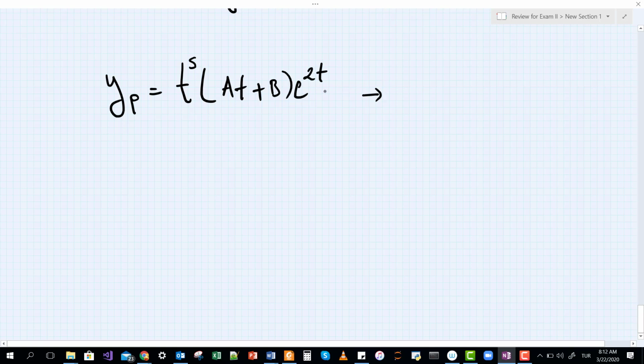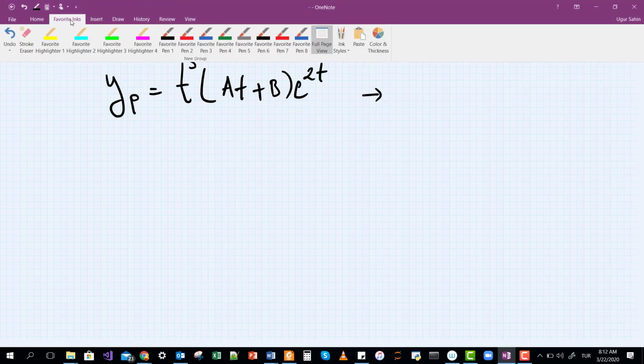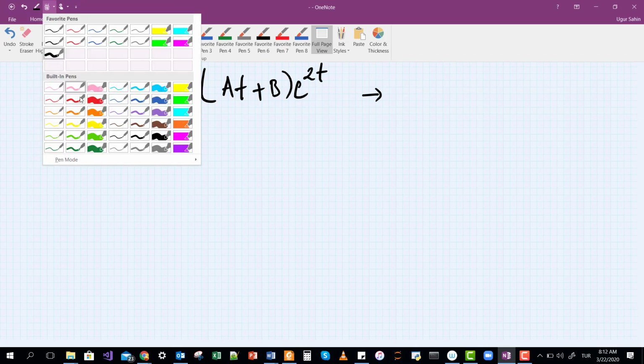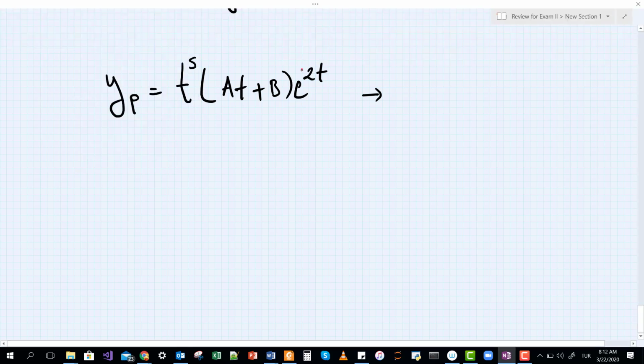To do that, as you see, the value r equal to 2 is a root, a simple root of the auxiliary equation.